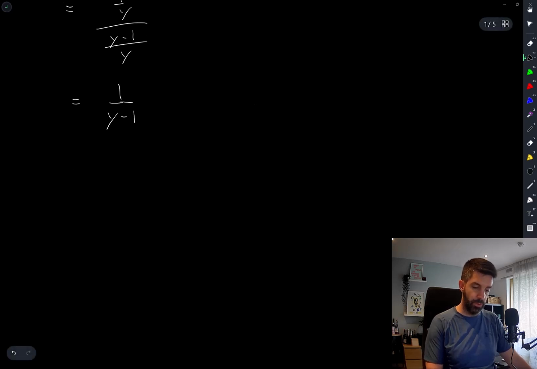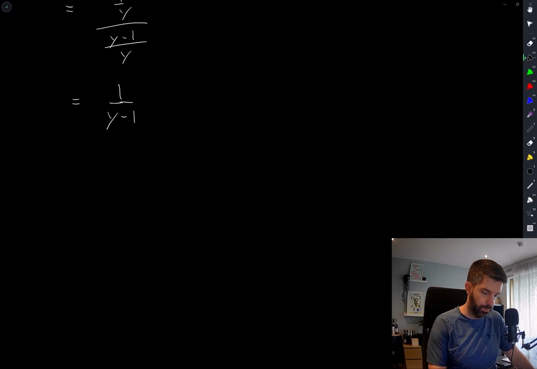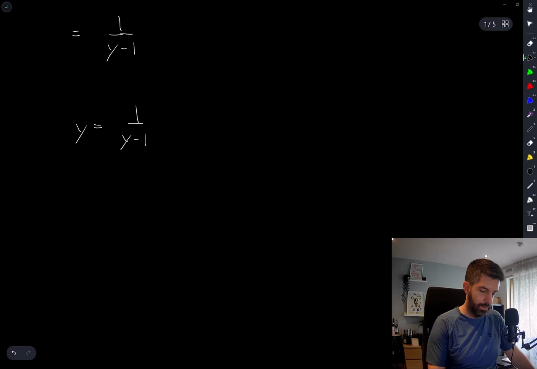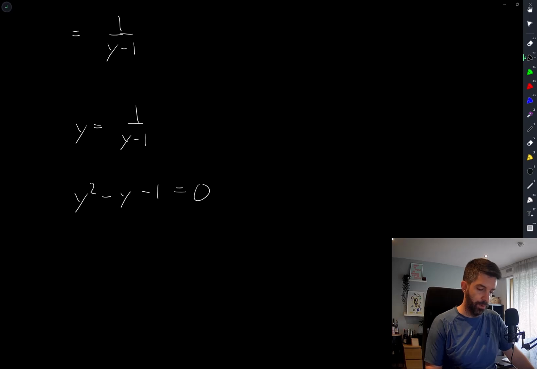Okay, and so we want this to be equal to tan x. So we're looking for when y is equal to 1 over y minus 1. If I rearrange this, y squared minus y minus 1 is equal to 0.